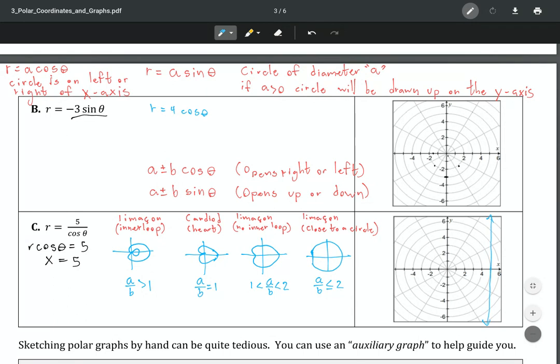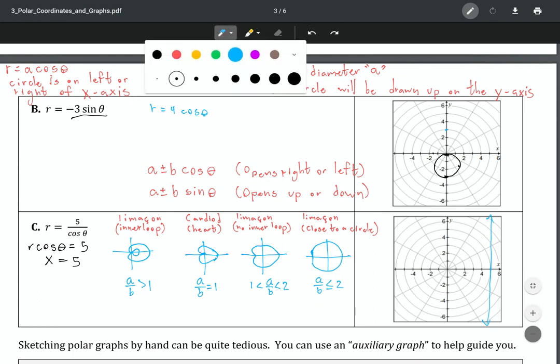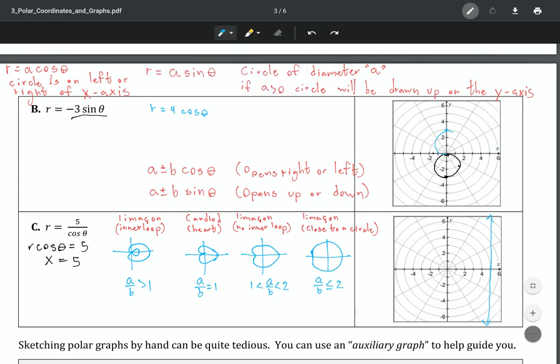I'm having some technology problems here. Again, if this had been r equals 3 sine of theta, it would have been a circle of diameter 3 above the x-axis, like that. Okay, but anyway, that's how you deal with that.